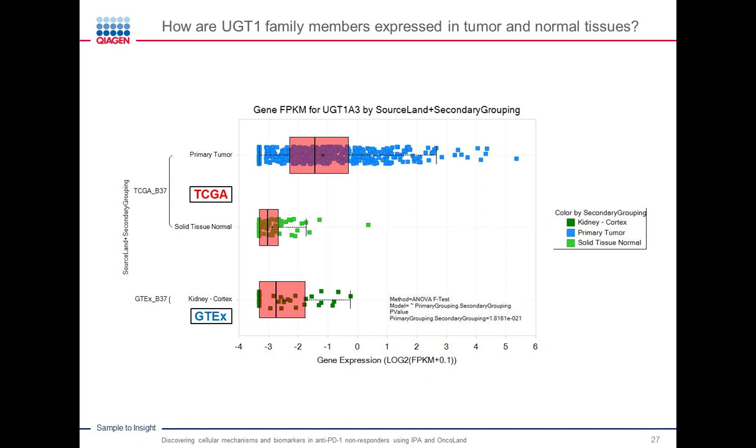So again, marker application-wise, UGT1A3 might turn out to be a good marker because there's a clear difference between tumor and normal. And again, we can turn on statistics in the software. In the lower right corner, you can see the p-value, and it is significant for this cross comparison across 3 groups.